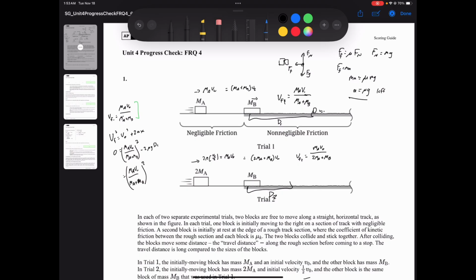It was 2 mu g times d1, so all I did was move it to the other side, and then divide both sides by 2 mu g. And that's my expression for d1, over 2 mu g. Okay, so that's the answer for part B. I basically just used the time-independent relation and the fact that the acceleration is going to be mu times g to the left.